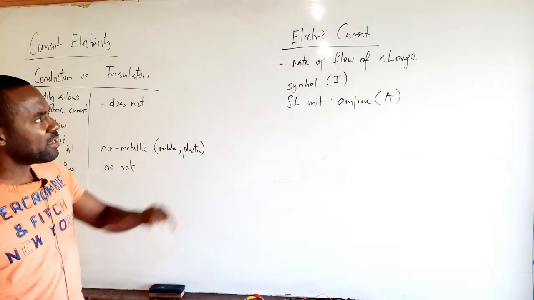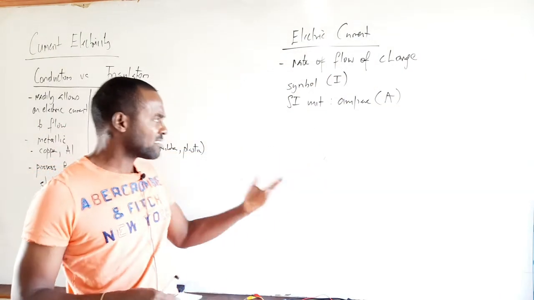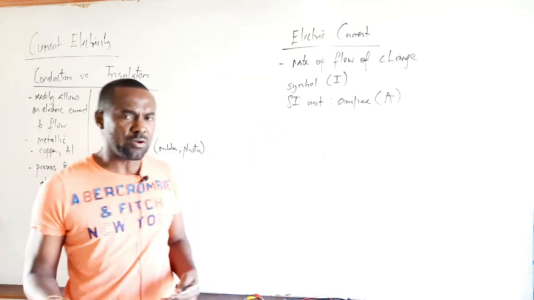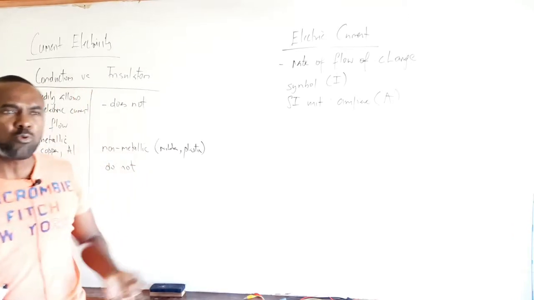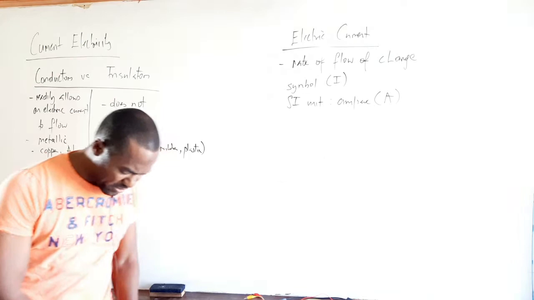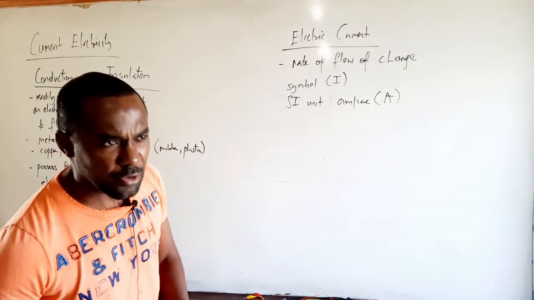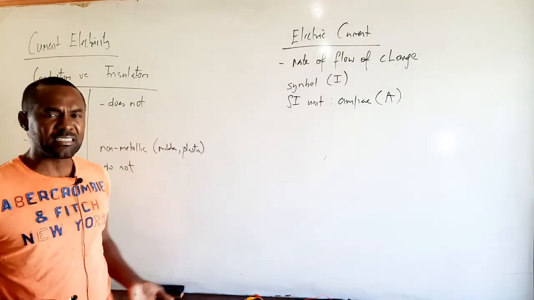Now, when we deal with electric current, as I said before, it is the rate of flow of charge. And as we established, when it comes to an atom, the protons are very strongly bound within the nucleus, and it is therefore the electrons which are able to move and are responsible for an electric current flowing. So whenever we talk about an electric current flowing, especially in a conductor, we're talking about the movement of electrons, or negative charges.